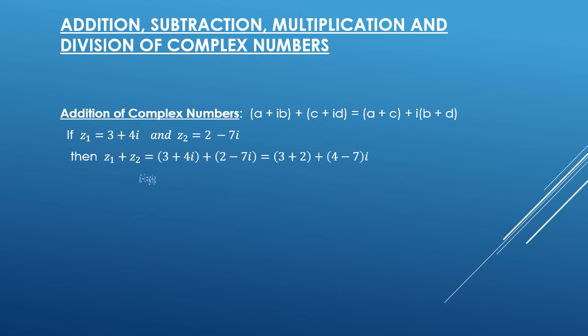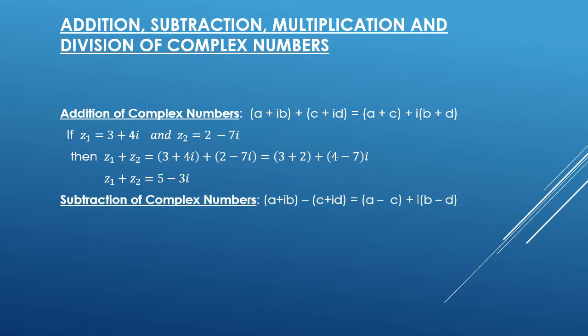So finally we get the result z1 plus z2 is equal to 5 minus 3 iota. That is, we have added the real parts of both complex numbers with each other. Similarly, we have added the imaginary parts of both these complex numbers with each other.